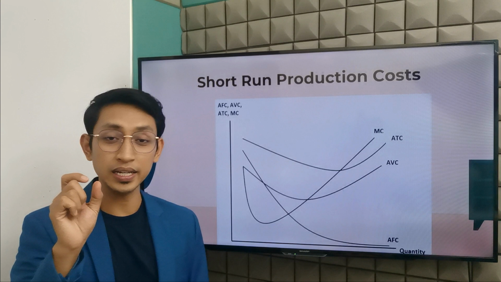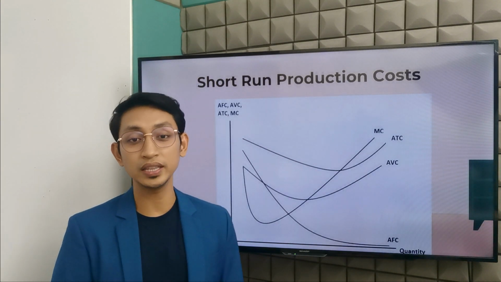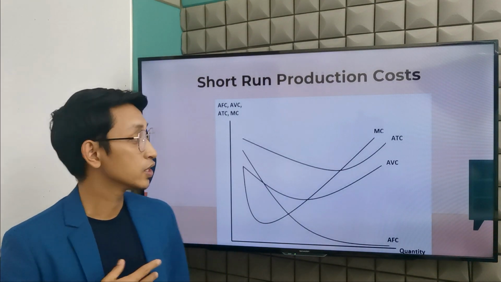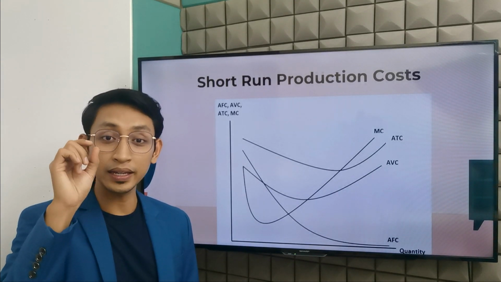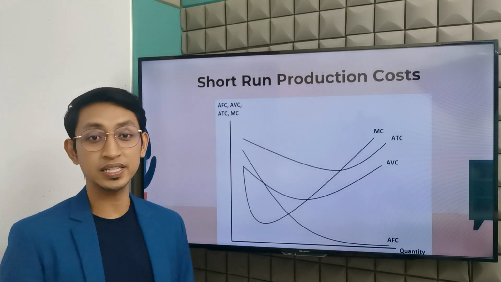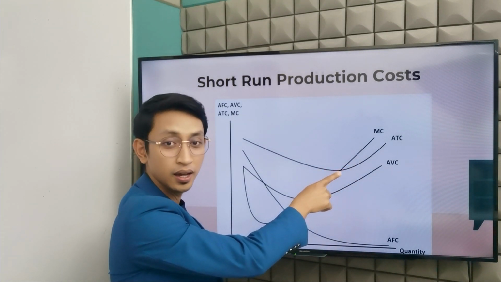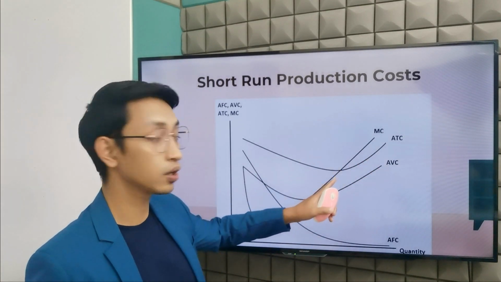So ATC, guys, tells us again about the productivity or efficiency in our company. Your company or your factory will be at the highest level of efficiency when the average total cost is here, the intersection between marginal cost and average total cost.